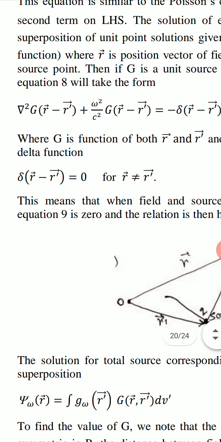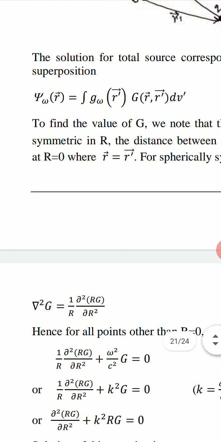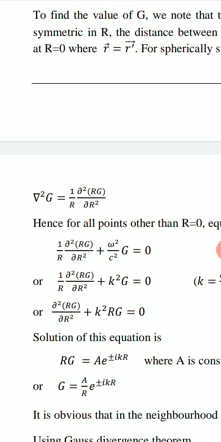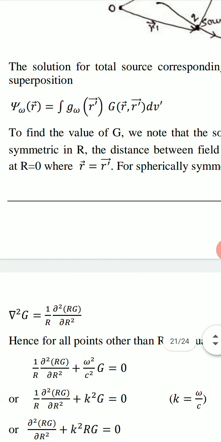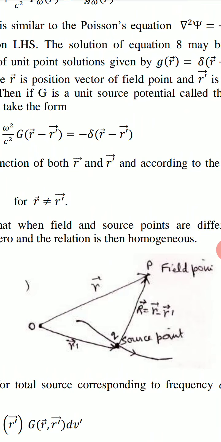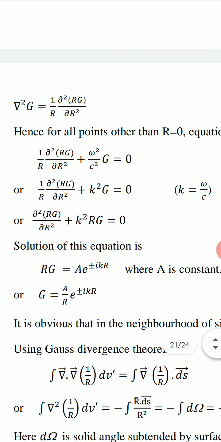The second term is omega square upon c square g, and in this case the right hand side is 0. In equation 9, this Dirac delta function delta will be 0 for a spherically symmetric situation when capital R is not 0. Now this equation becomes very simple.